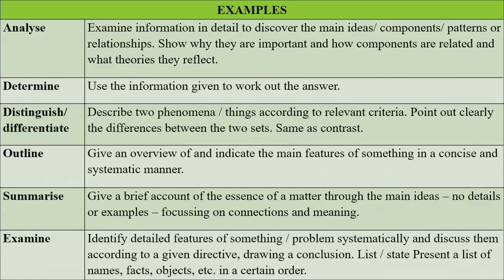What does it mean to analyze? You examine information in detail to discover the main ideas or patterns or components or relationships. You show why they are important and how components are related and what theories they reflect.